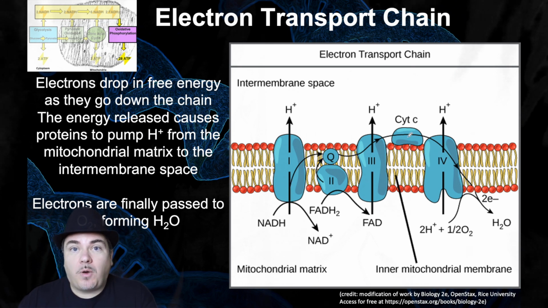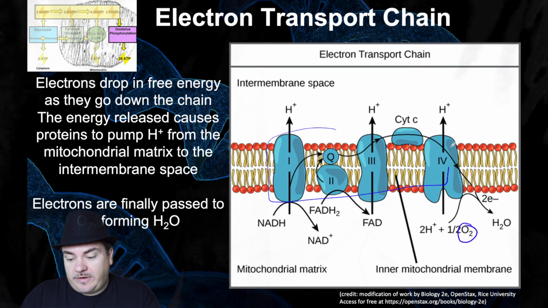And that explains why you're breathing in oxygen right now. The only reason you need oxygen is because oxygen is the final electron acceptor of this electron transport chain. In other words, it's the thing that's going to take the electrons from the electron transport chain.